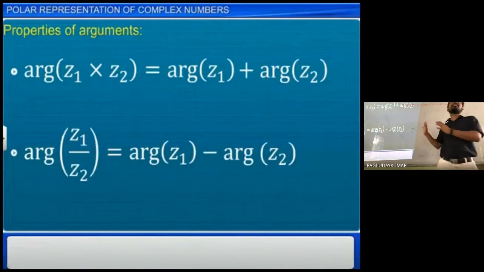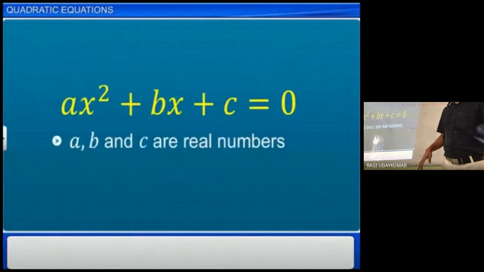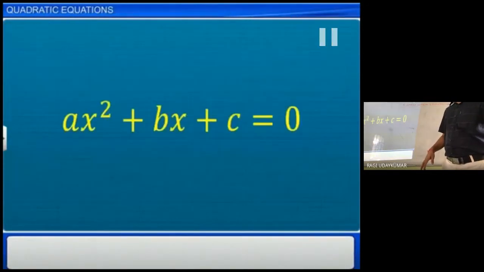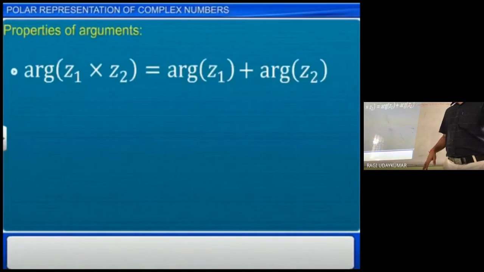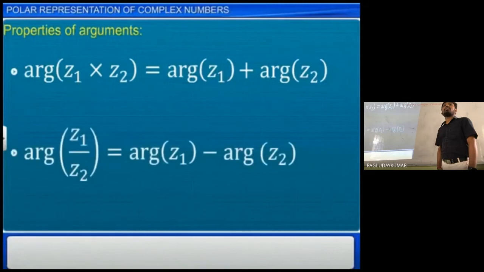So these are the main properties you are going to have. Try to remember these properties here. Argument of Z1 into Z2 is equal to argument of Z1 plus argument of Z2. Argument of Z1 by Z2 is equal to argument of Z1 minus argument of Z2.